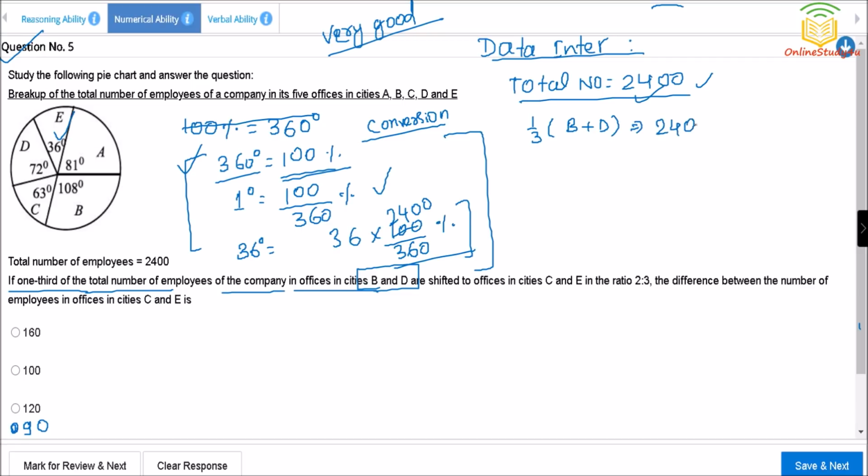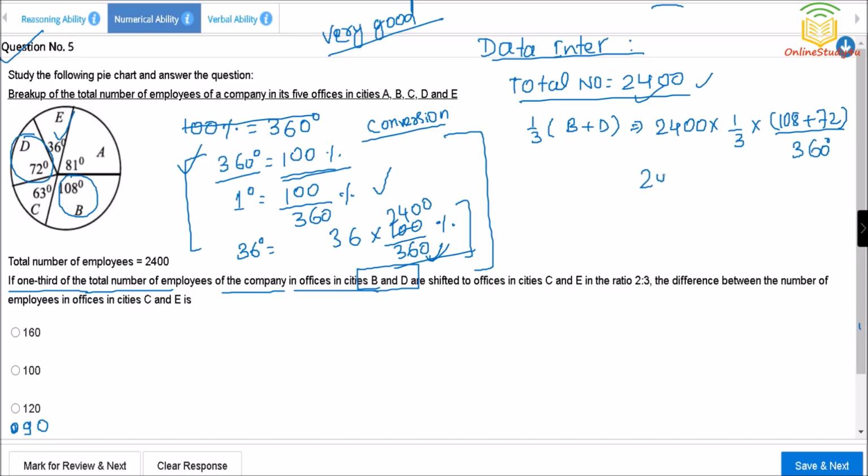Total is 2400, 1/3. Now B and D, if you see, B is 108 and D is nothing but 72 degrees. So 108 plus 72, but we need to convert into percentage. So what we have to do, we need to divide it by 360 degrees. That's all.